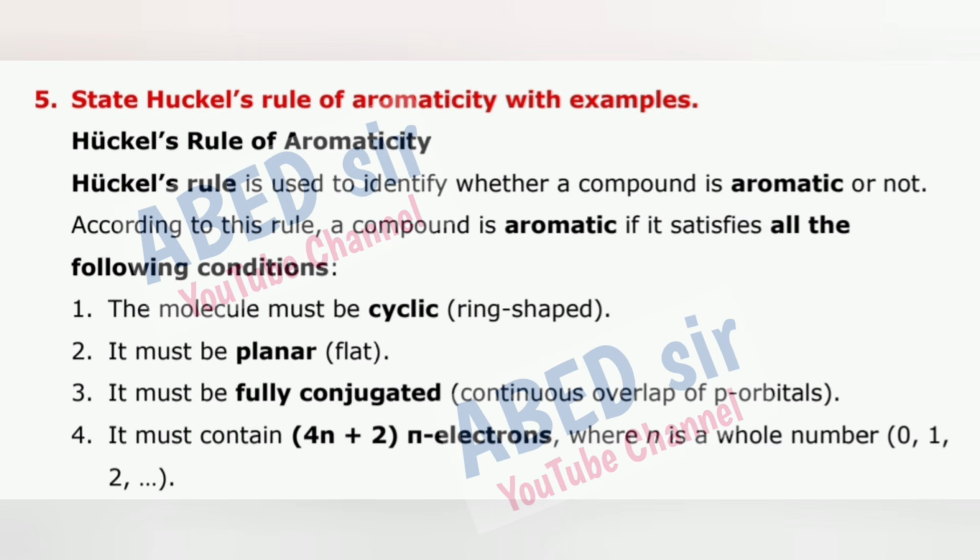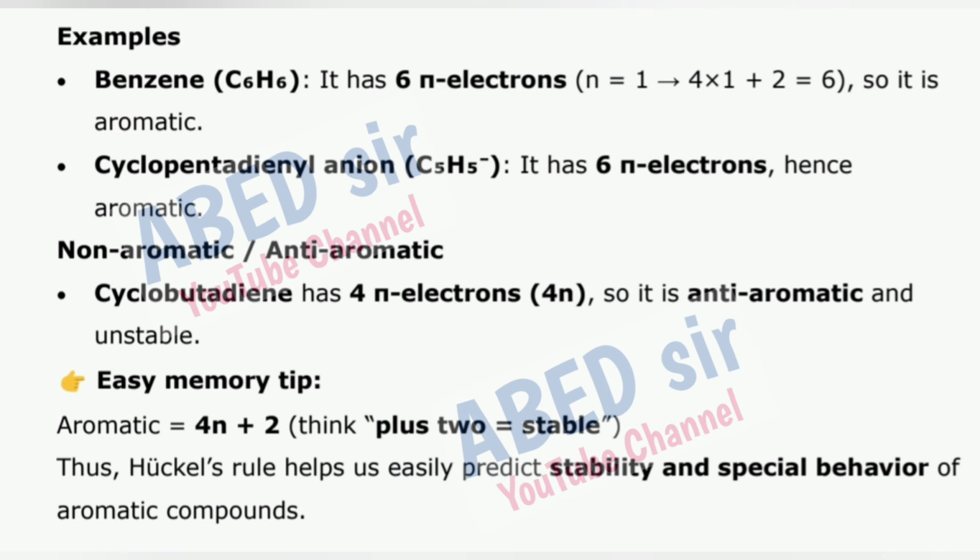4. It must contain (4n+2) pi electrons, where n is a whole number: 0, 1, 2. Examples: Benzene, C6H6, it has 6 pi electrons, n equals 1, (4×1)+2, so it is aromatic. Cyclopentadienyl anion, C5H5-, it has 6 pi electrons, hence aromatic.